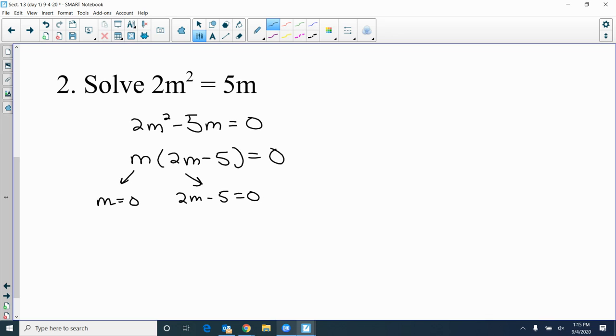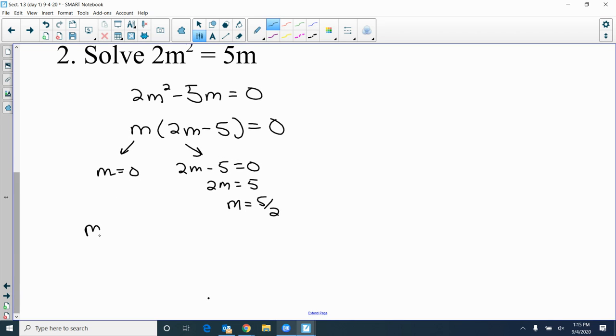So m equals 0 is one of your answers. Now just solve the other one. Add 5, divide by 2. You get 2m equals 5. Divide by 2, m equals 5 halves. Final answer: 0, 5 halves.